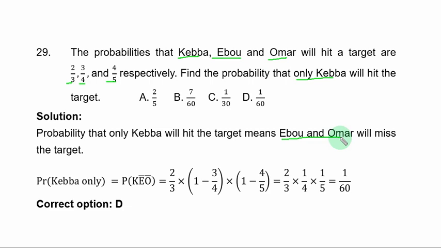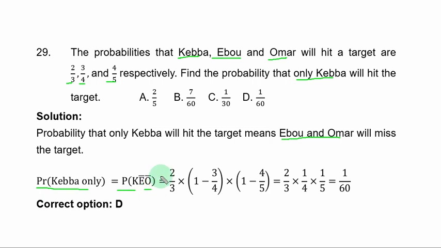But you must know that the probability of hitting the target plus the probability of missing it is equal to 1. So the probability of missing is 1 minus the probability of hitting. So the probability of Keba only is: K means Keba will hit the target, E bar means Ebwe will miss, and O bar means Oma will miss.